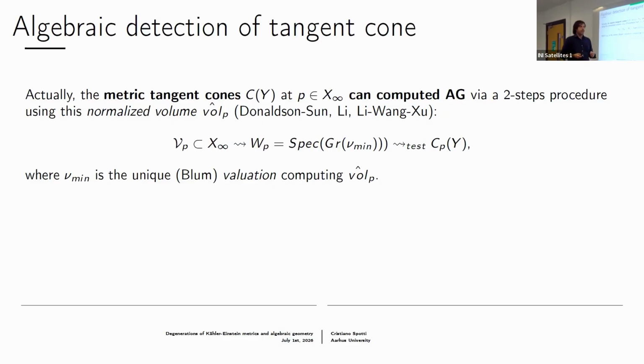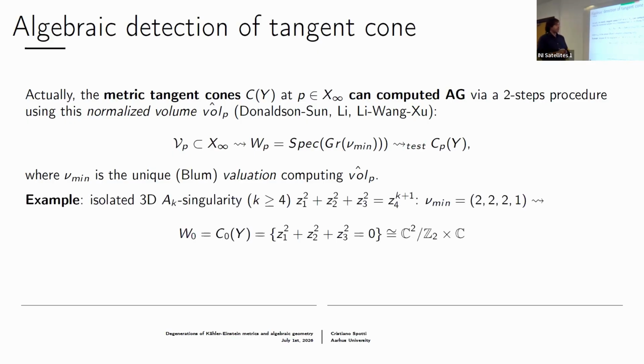And this function actually has a minimum. So there is a specific kind of canonical valuation above this point. This valuation can be used to compute the metric tangent cone by taking the associated graded, and then in general, there is a further test configuration to the Calabi-Yau cone. So this is called the two-step degeneration.